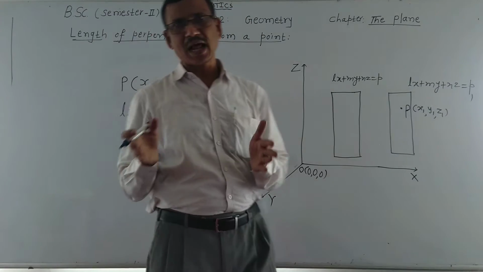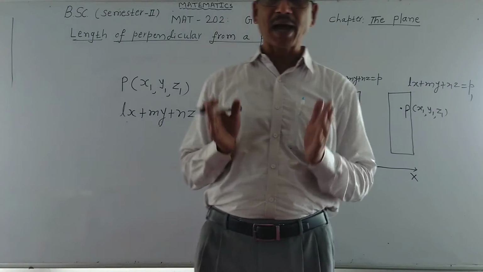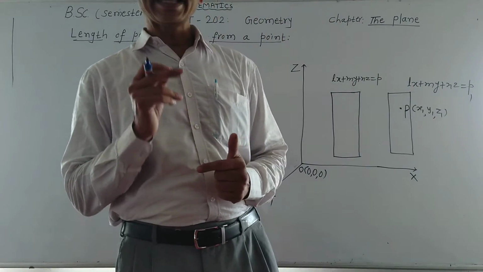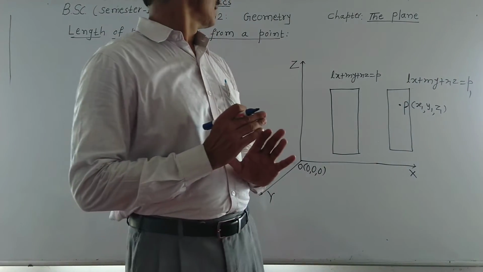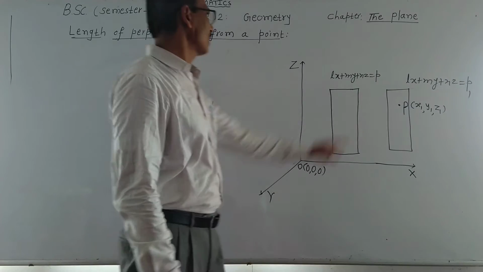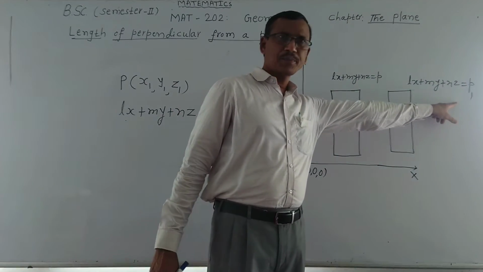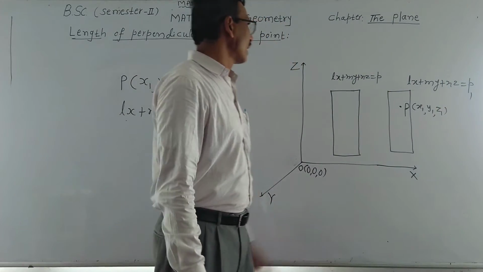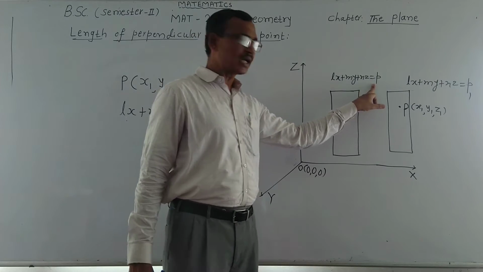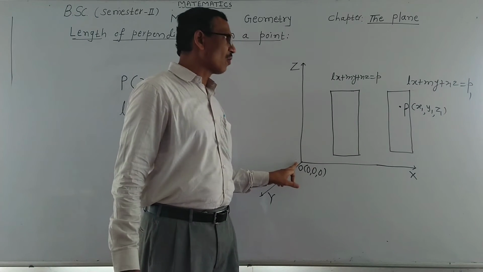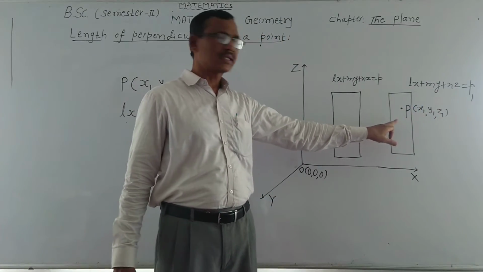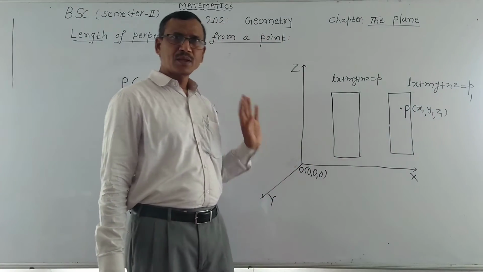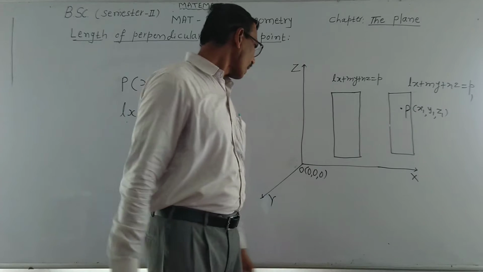We know that if two planes are parallel to each other, then there is a difference only in the constant terms of their equations. Here the constant term is p, here p1. p is the perpendicular distance of this plane from the origin, and p1 is the perpendicular distance of the second plane from the origin.